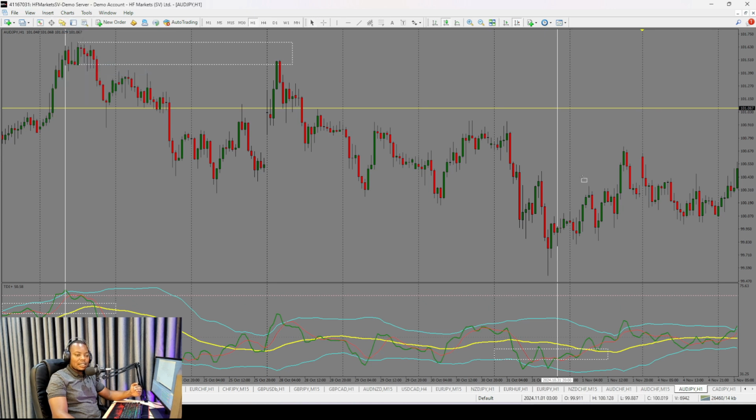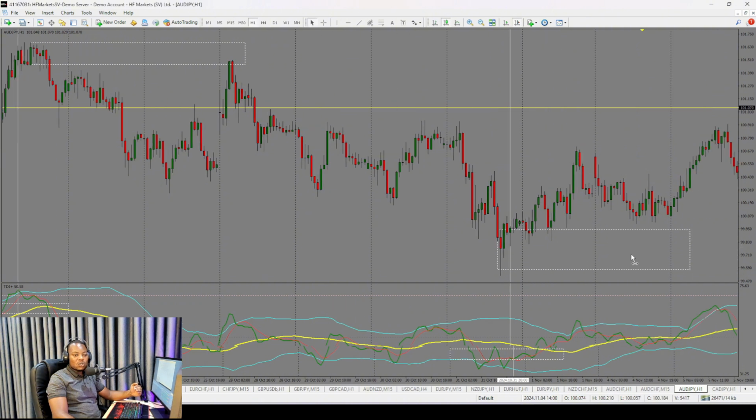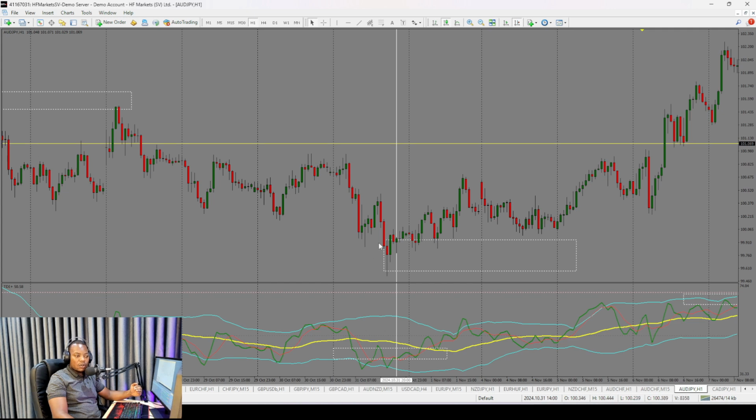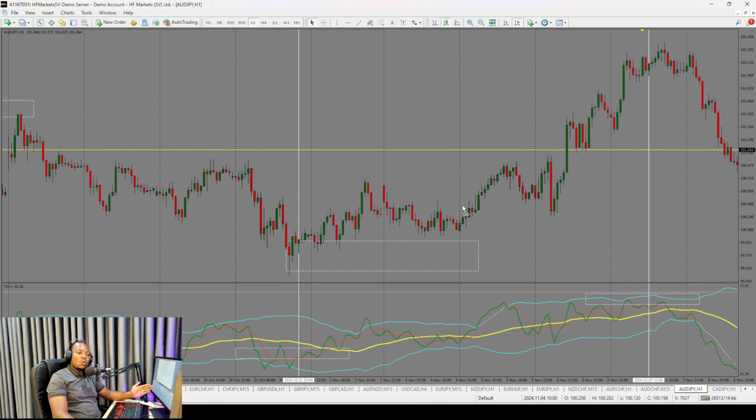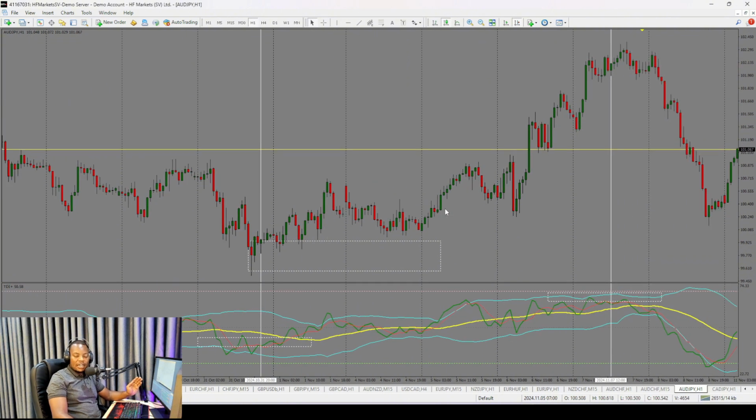So marking its high and its low, we can have something like this, whereby the market went outside of this particular point of interest, retested it, and then it went to the upside like that. So when we've entered at this particular retest, we can hold it for half the weekly range like that.